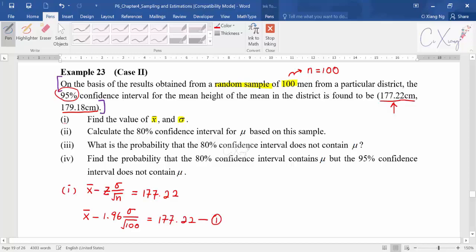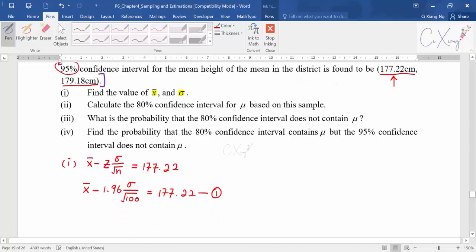Of course, you can form the second equation. The second equation will be x̄ plus 1.96 times sigma divided by square root 100, which equals 179.18. This is very straightforward.